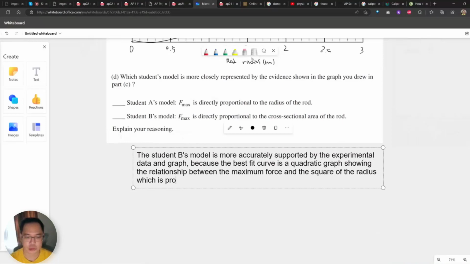It is proportional to the cross-sectional area.